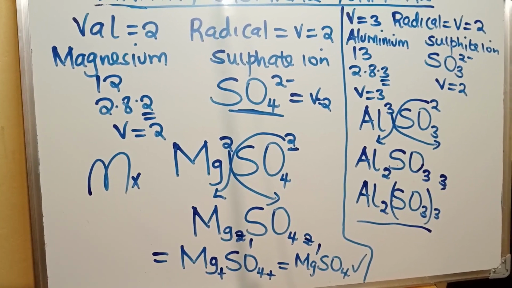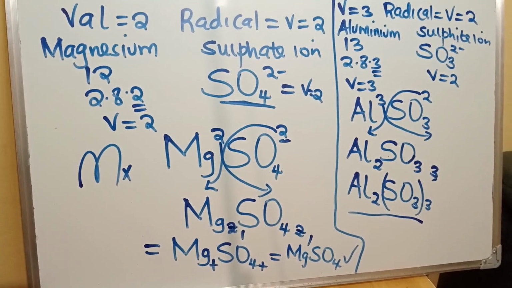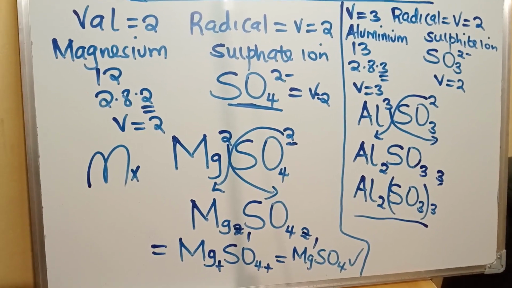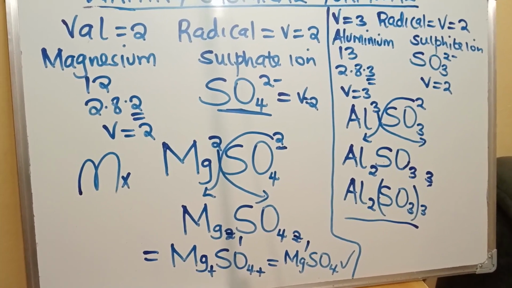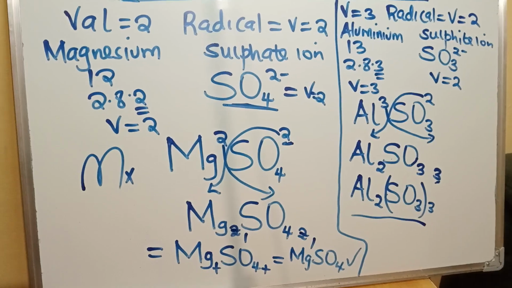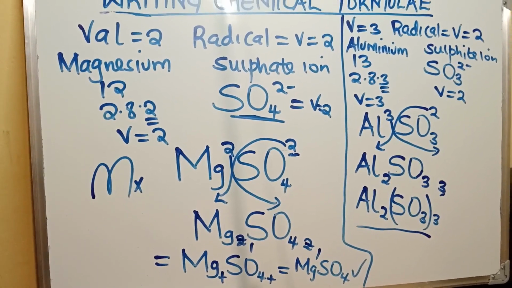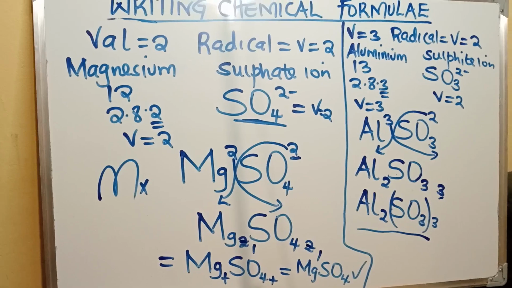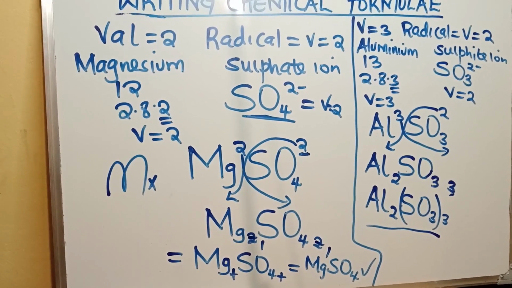Again, try magnesium combining with carbonate ion. And finally, try combining calcium with a chloride. And not forgetting that there is another one before we wind up that I also want to show you. So make sure that you try those ones that I have just said, and it will be good for your own revision.